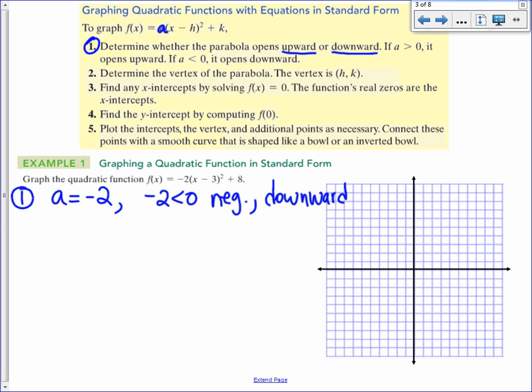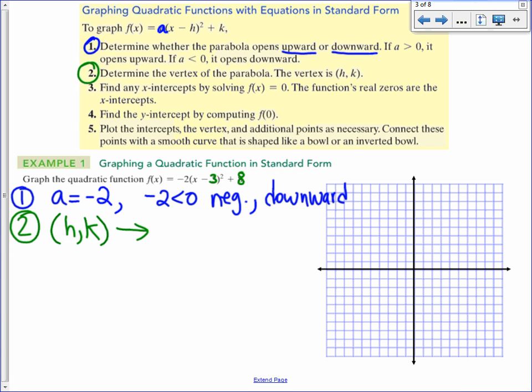Okay, so we took care of the first step. Now, step number 2, we need to determine where the vertex is located. So we know that the vertex is given by (h, k). And in this case, remember the negative is part of the formula, so the vertex will be given by (3, 8). Just like we do with horizontal shifting, we always think counterintuitively.